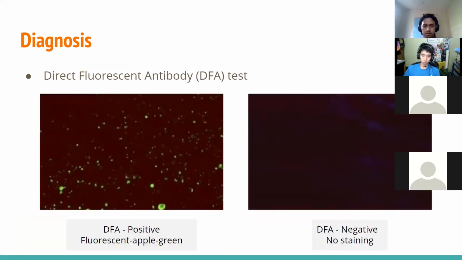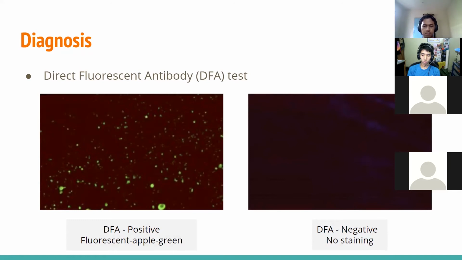Next slide. The second diagnosis is the direct fluorescent antibody test, DFA. The DFA test is based on the observation that animals infected by rabies virus have rabies antigen present in their tissue. When labeled antibody is incubated with rabies suspect brain tissue, it will bind to rabies antigen.